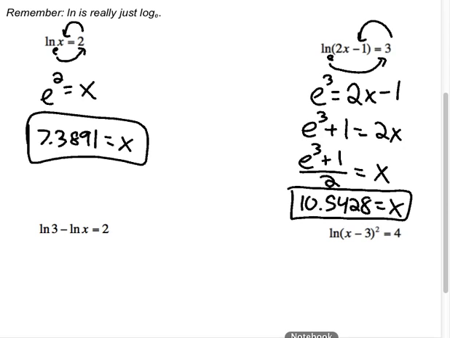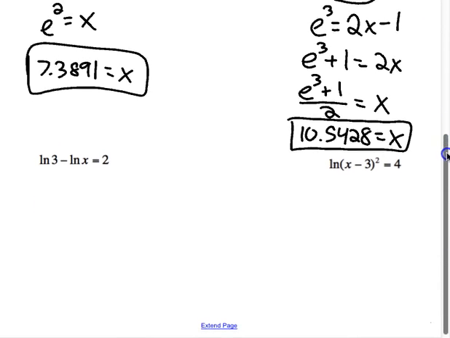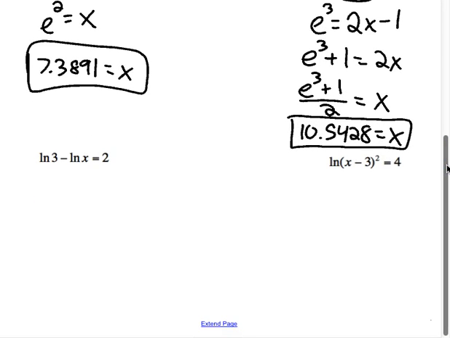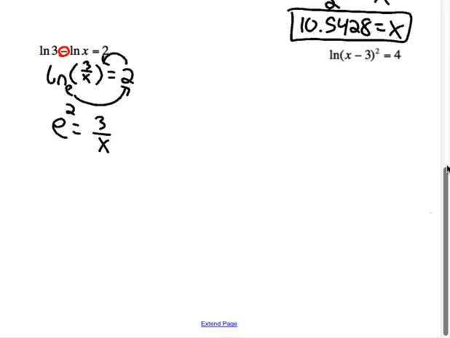All right, so now for this one, I see subtraction. That is going to be the same as division. So this is going to be ln of 3 divided by x, giving me 2. But remember, this is base e. So when I go to rewrite this, e to the 2 equals 3 over x.